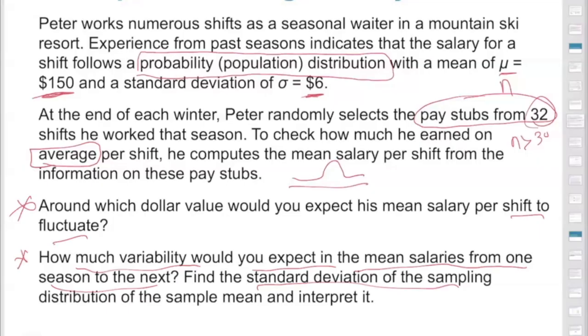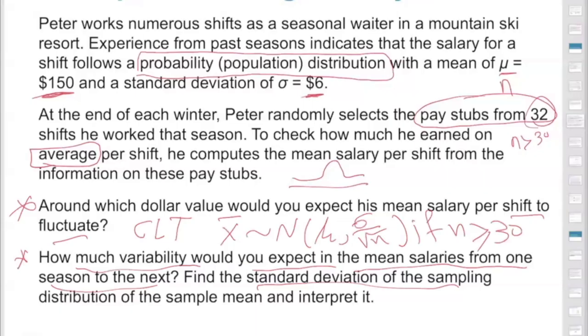As I said, here we can apply the central limit theorem, right? The central limit theorem says X bar is normally distributed with mean mu and standard deviation sigma over square root of n, if n is greater than or equal to 30.